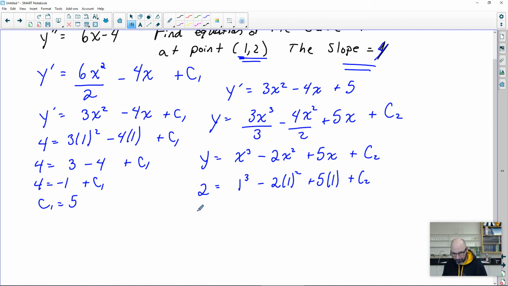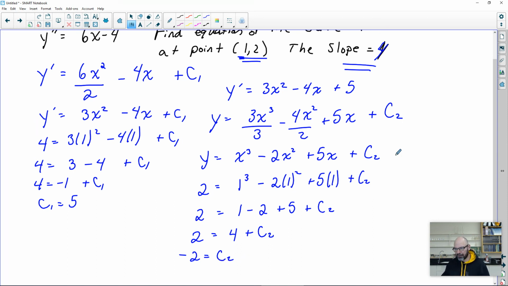Okay, we got 2 here. 1 minus 2 plus 5 plus c2. 2 equals, what's this? Minus 1 plus 5 is 4 plus c2. Subtract 4. Minus 2 equals c2.